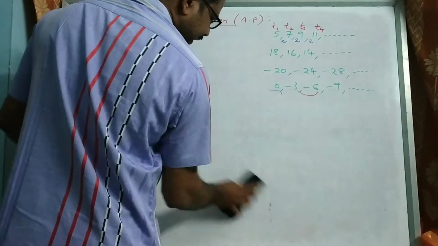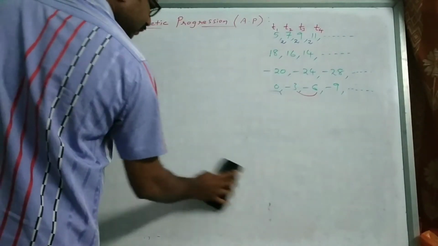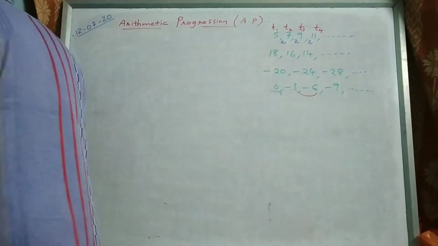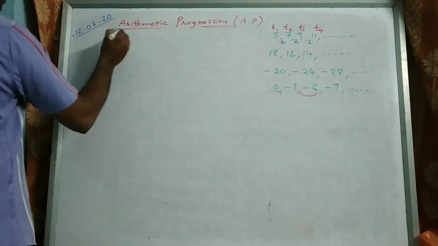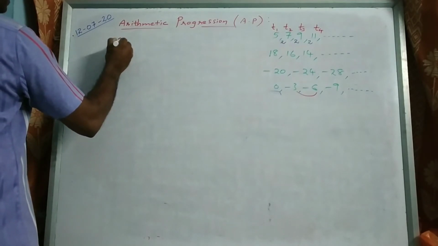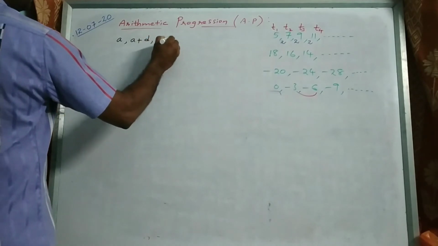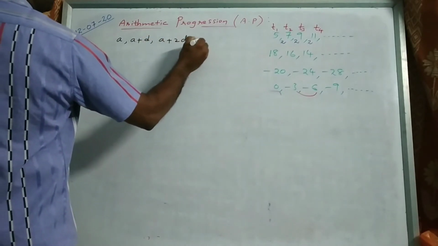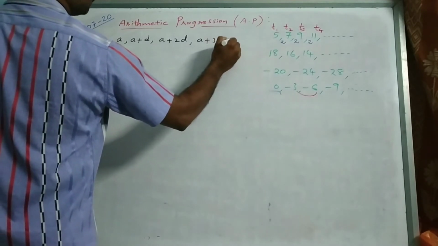Examples you can write that. So generally I am saying now: A, A plus D, A plus 2D, A plus 3D, and so on.